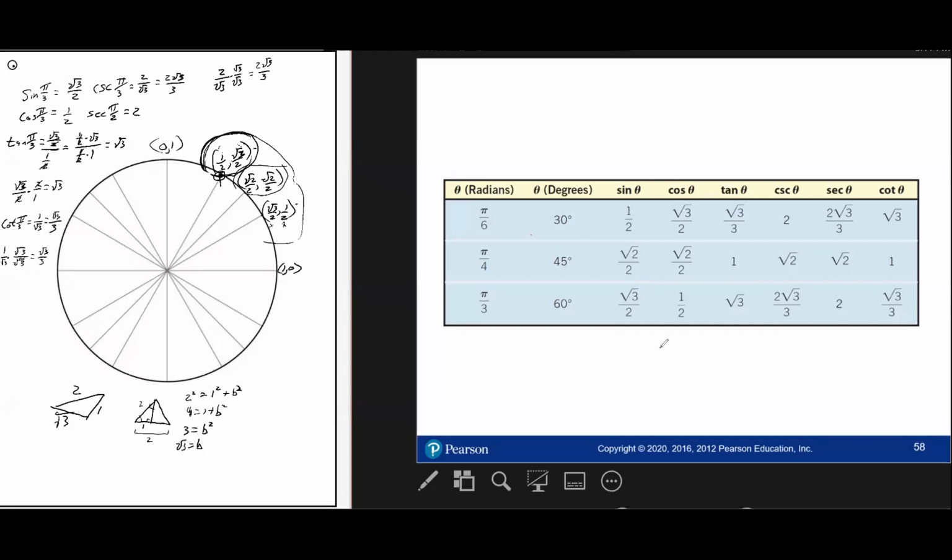And then they built up the tangent, cotangent, secant, and cosecant. Any questions here? Yeah, this is in the PowerPoint that I've already posted in files.